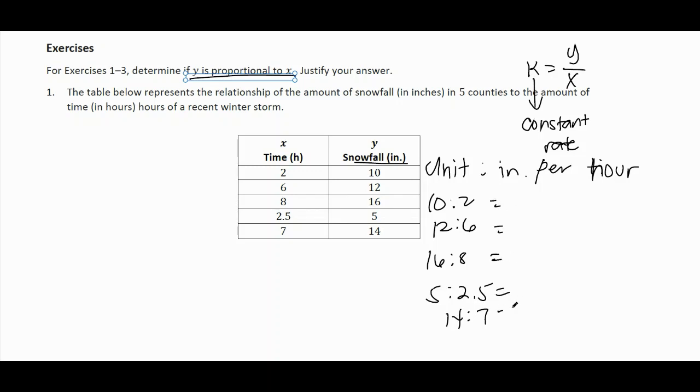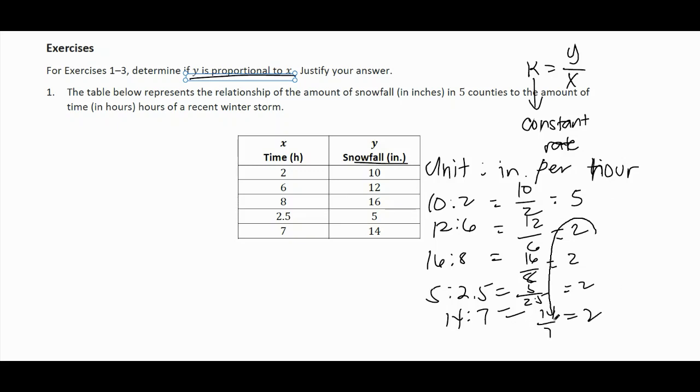Now let us find the k. What we're going to have is 10 over 2, that's 5, 12 over 6, that's 2, 16 over 8, that's 2, 5 over 2.5, that's 2, 14 over 7, that's 2. So as you can see, all of these are proportional except for this one.